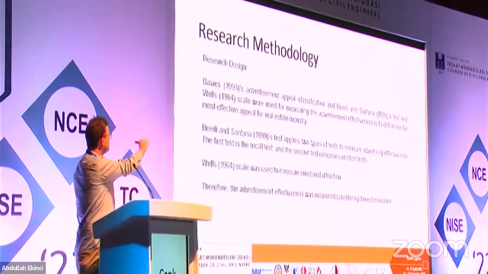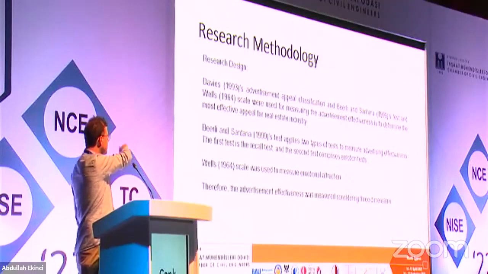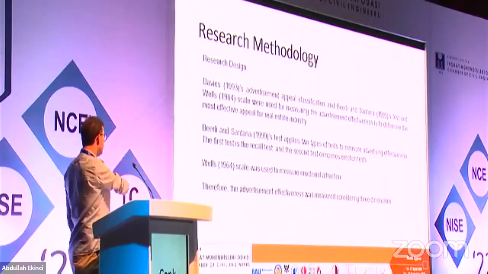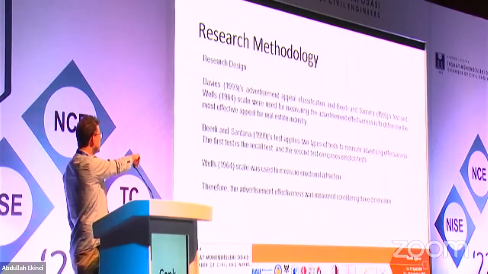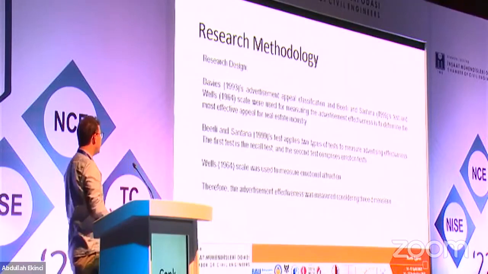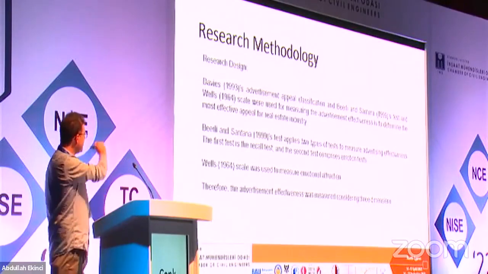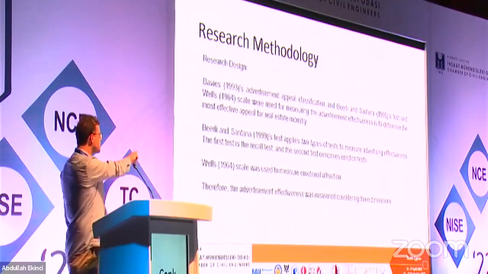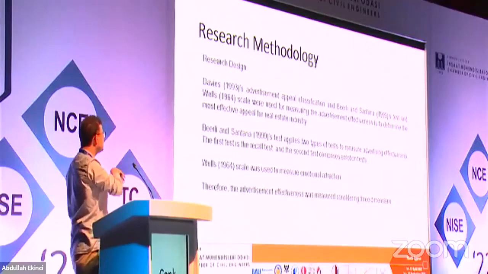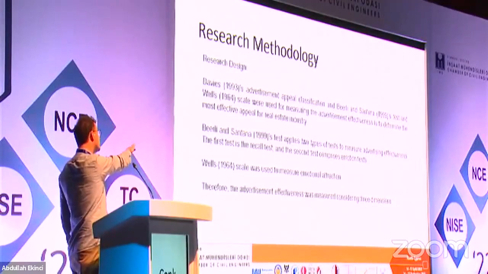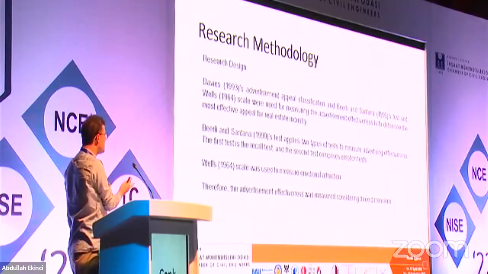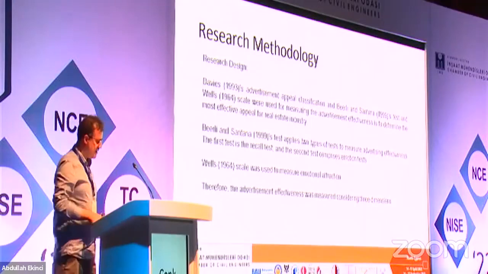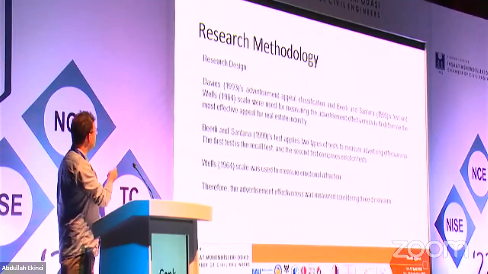Pearce and Santos apply two types of tests, so we get two criteria from this research, and we also use the Wells scale, which was used to measure emotional attraction and has 12 criteria. In total we have 14 criteria, as you can see. Also, when we check the groups of these criteria, you can see that we have three dimensions, and we use these three dimensions to measure the effectiveness of the advertisement appeals.